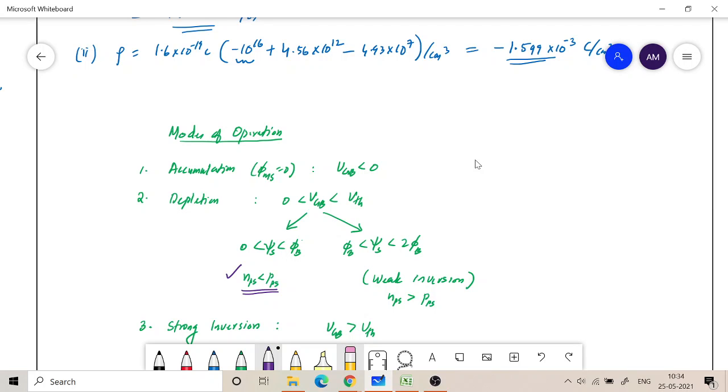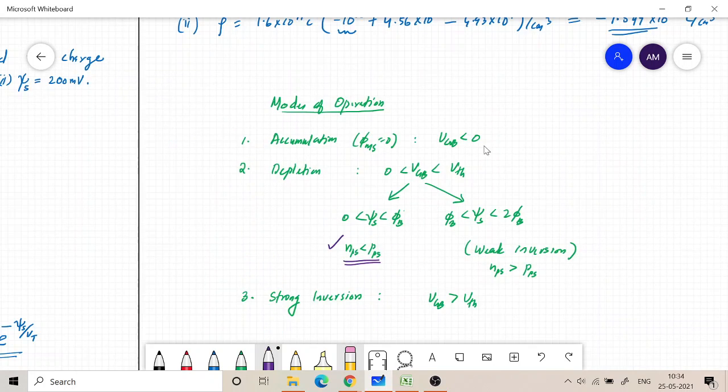We need to apply a gate to bulk voltage greater than VTH, then only it will be considered strong inversion, where you have a layer of electrons in the oxide region. But before reaching that voltage, I am separating into two categories by looking at the bending of bands near the interface.